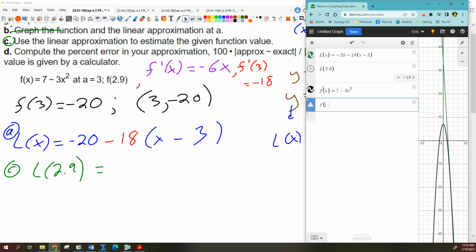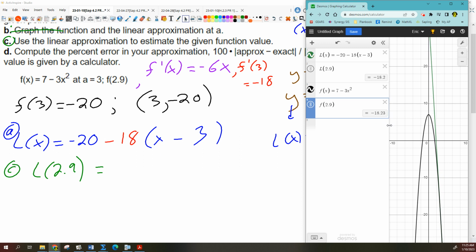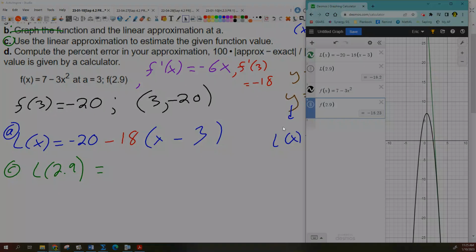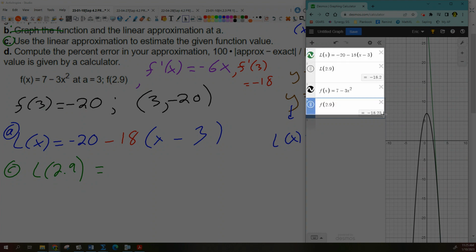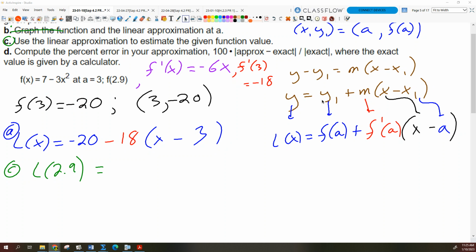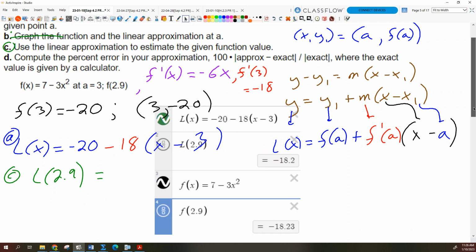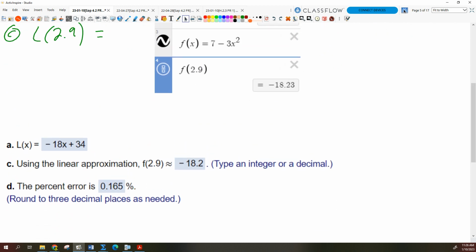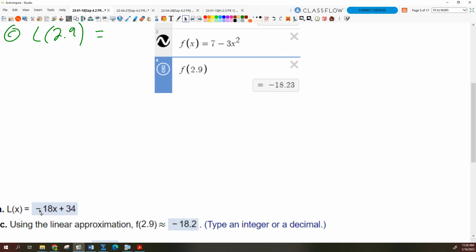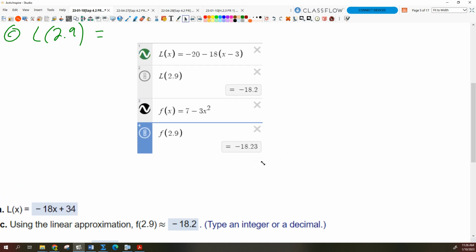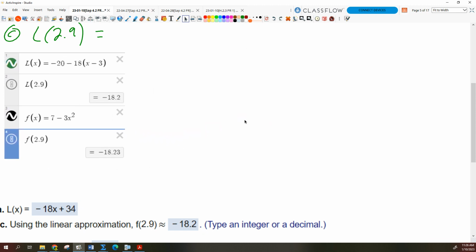So f of 2.9 is negative 18.23, okay? There's the information we need to do that last part.